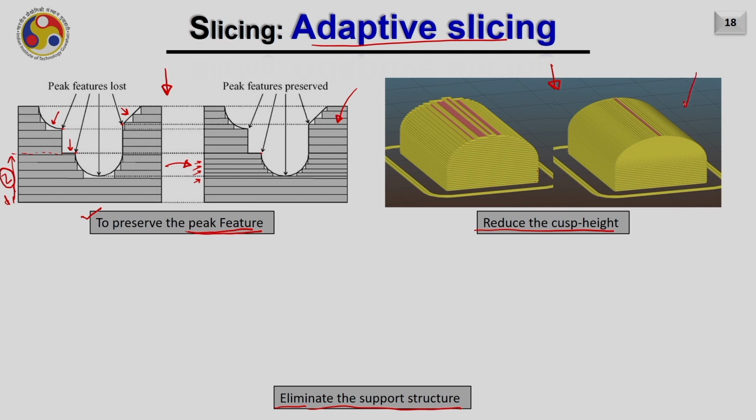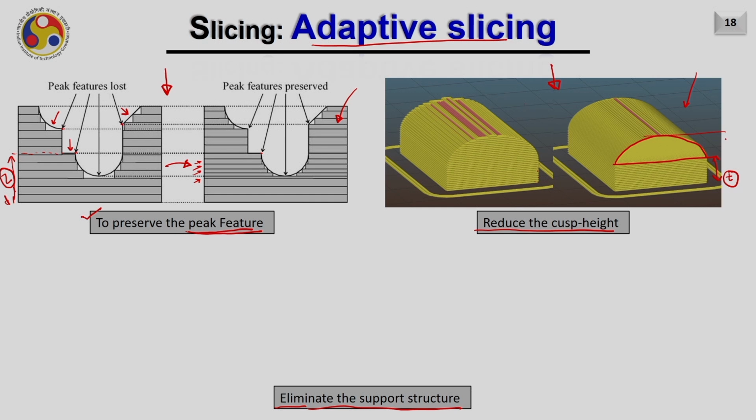Like in this object, up to this region, there is no slant feature. That means I can realize this region with the constant layer thickness, which is the maximum possible layer thickness with the additive manufacturing process. But when there is a curved feature here, to realize the object in this zone, the layer height is reduced. As the layer height is reduced, of course, the region will accurately capture the details.